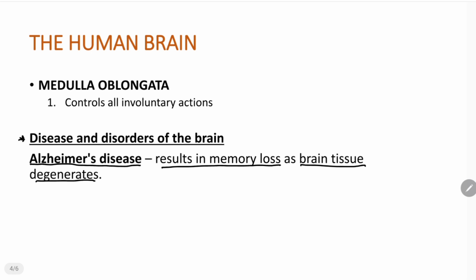So the way we see that this person is suffering from Alzheimer's disease is that a telltale sign of Alzheimer's disease is memory loss, and it is caused by the degeneration of brain tissue. There's not really much to explain here. So it results in memory loss.